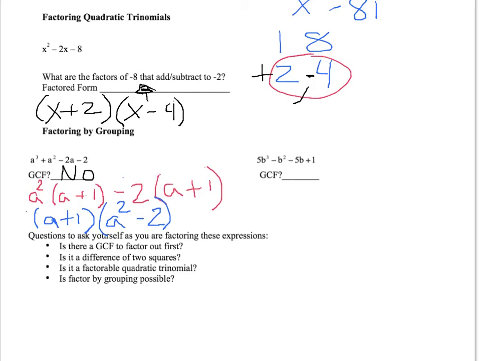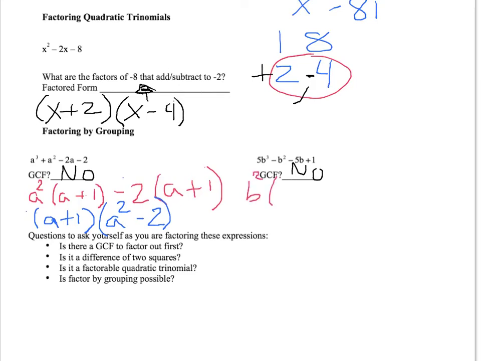On the one on the right-hand side here, I look for a GCF. There is not a GCF in all 4 terms, so I'm going to write no in there again. Then I do factor by grouping because my highest power is cubed. Now, with factor by grouping, my GCF in the first 2 terms is b squared.